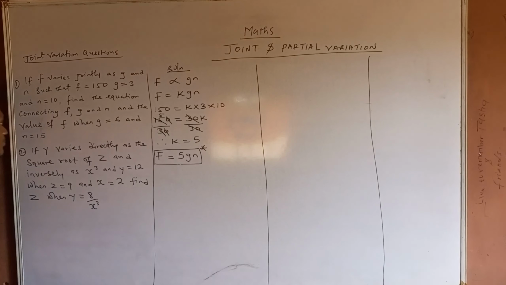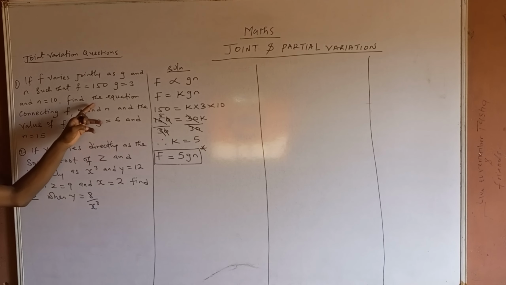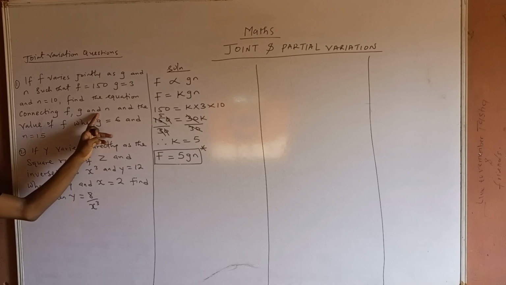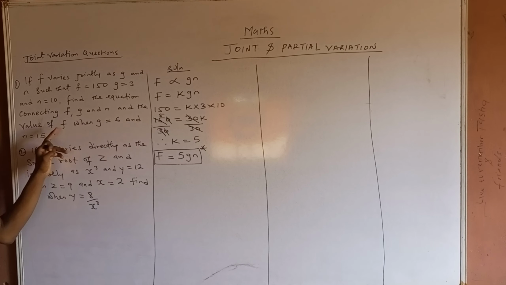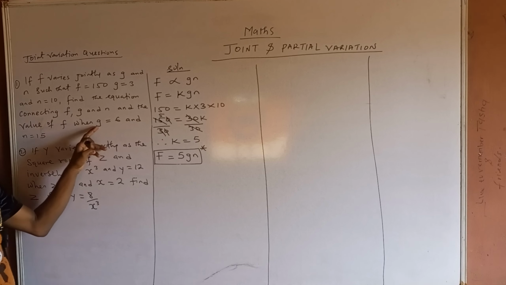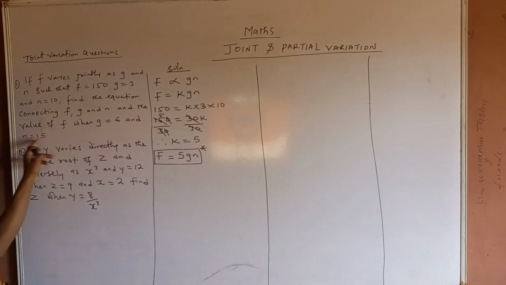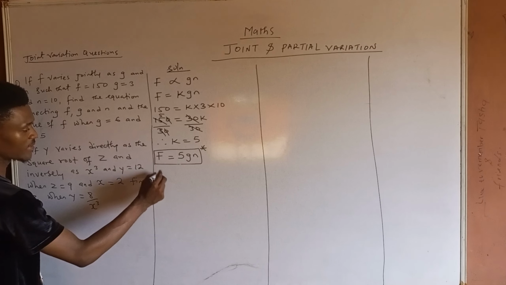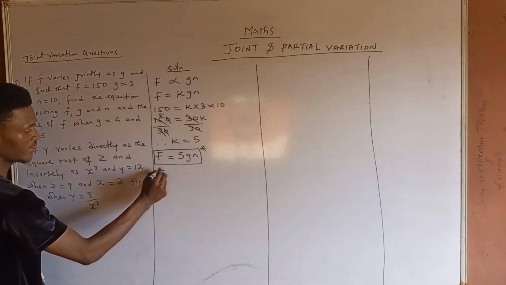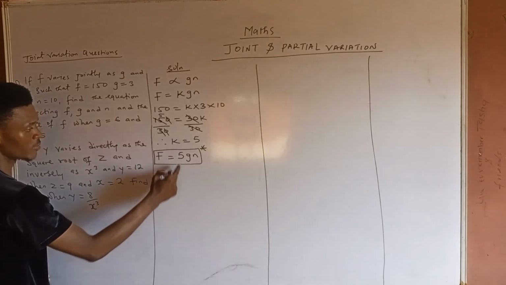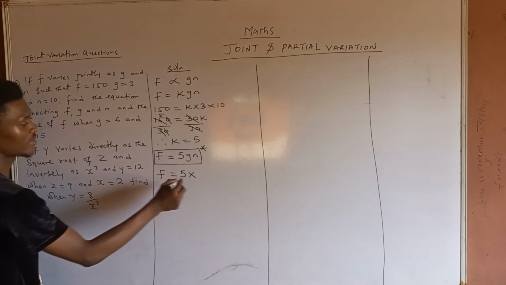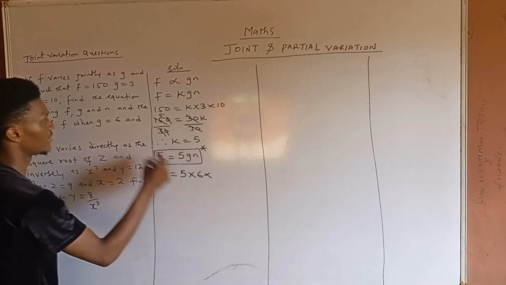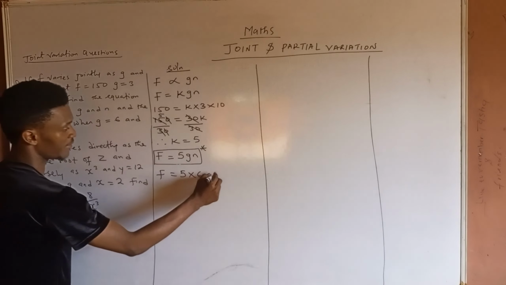Then let's continue. They said we have gotten the equation connecting f, g, and n, which is this, and the value of f. So we don't know the value of f when g equal to 6 and n equal to 15. So we come to this place, we are told to find the value of f, which is unknown, so 5, and our new g value now is 6, so put 6 times, then our n value is 15.